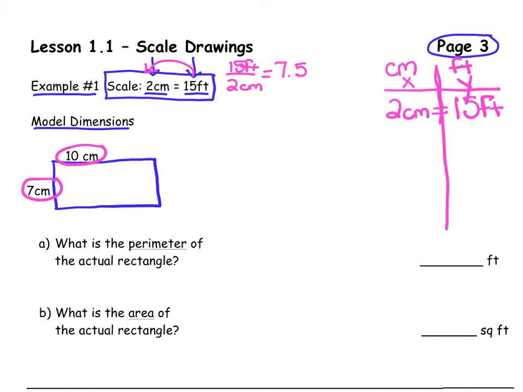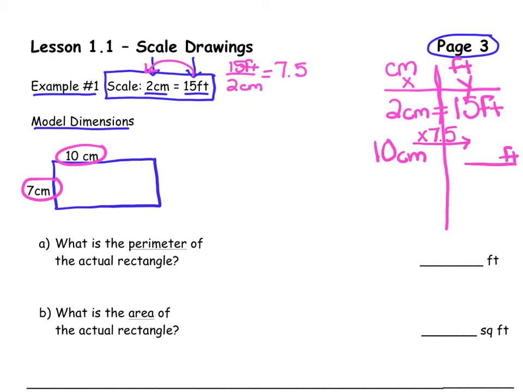We're going to take 10 centimeters, put that under the centimeters column, and convert that dimension to feet. We need to multiply by 7.5 to convert 10 centimeters into the actual dimension.